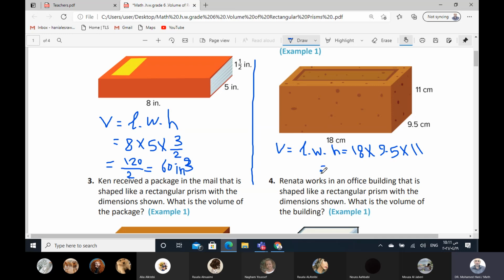So the answer will be 1881. Who can tell me what is the unit here? Cubic centimeter. Centimeter cubic.